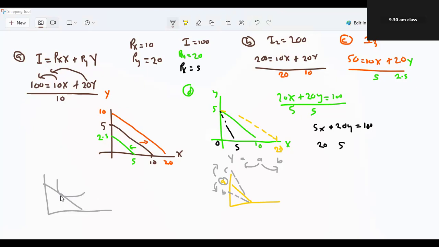So the budget line will touch the indifference curve at this point B. To maximize utility, marginal utility of X over the price of X is equal to marginal utility of Y over price of Y. I'll teach you briefly some calculus for you to understand what is happening.